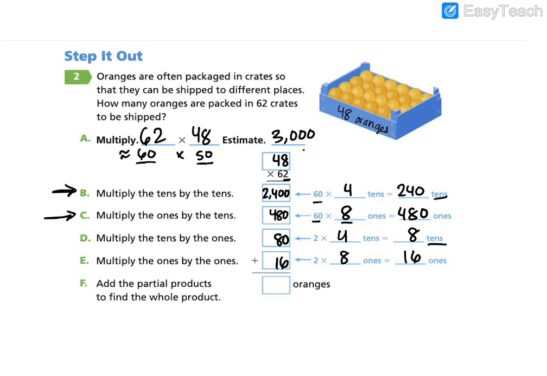Okay, let's go ahead and add these up. We know we have 6 ones. 8 tens plus 8 tens plus 1 ten will equal 17 tens. 100 plus 400 is equal to 900s and 2,000s. So our whole product should be 2,976.